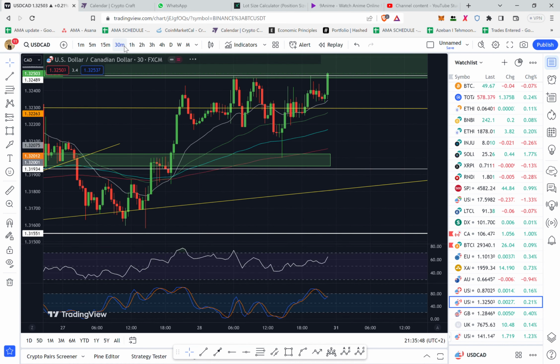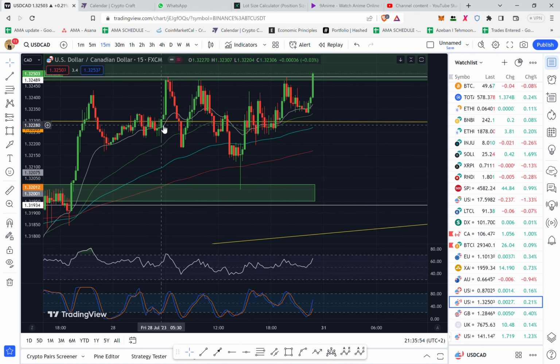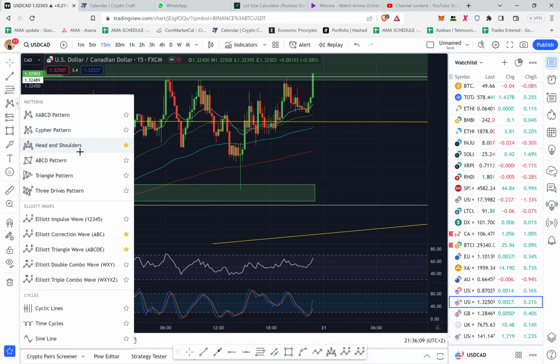So let's look at a smaller time frame. So we have a potential head and shoulder right here.